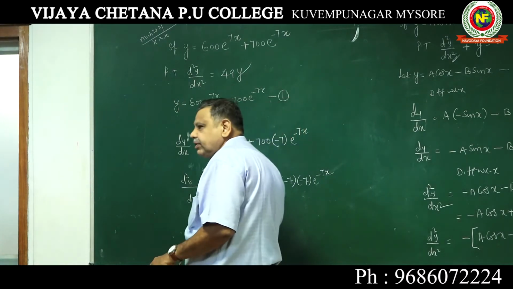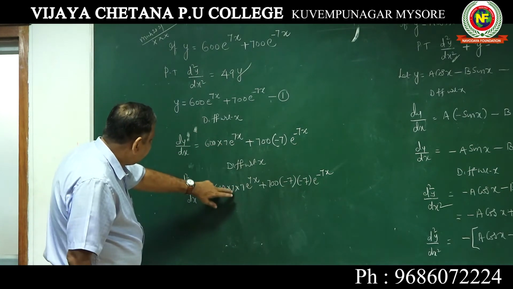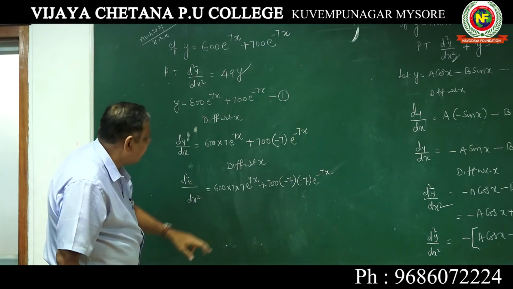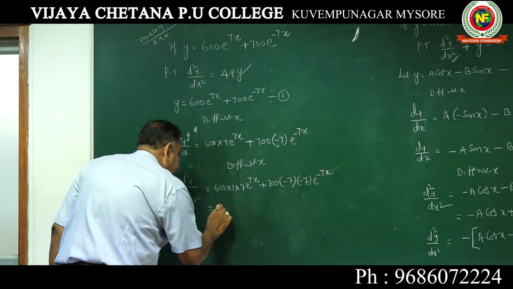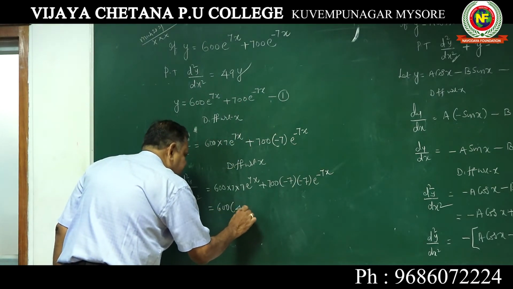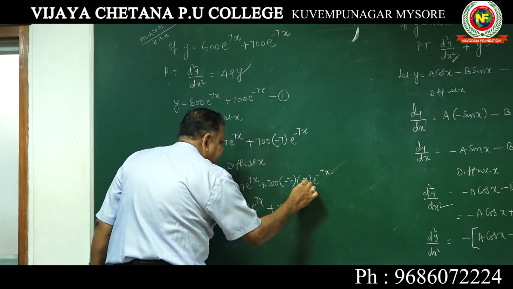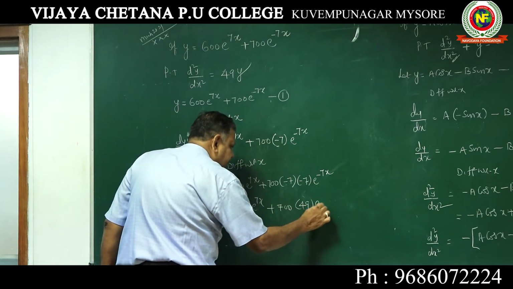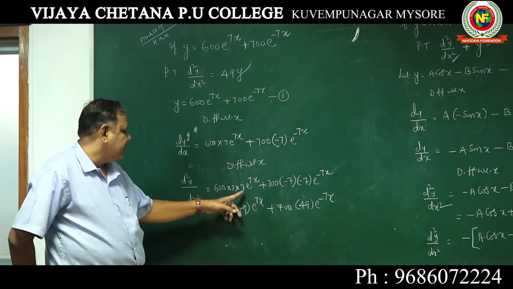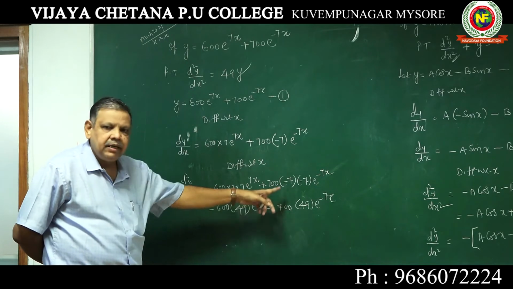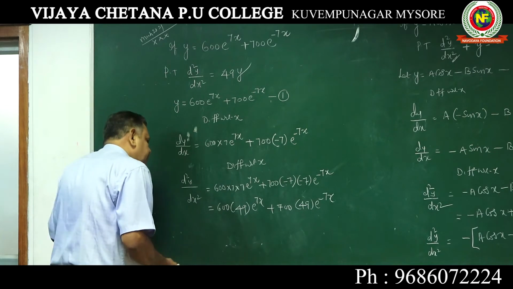Please follow very carefully. When you are differentiating this term, 600 into this 7 as it is constant into 7 e to the power of 7x, 700 into minus 7 e to the power of minus 7x. So it is 600, 7 into 7, 49 e to the power of 7x, plus 700, minus 7 into minus 7, again plus 49 e to the power of minus 7x.